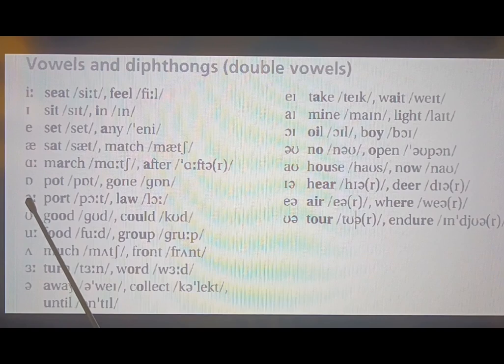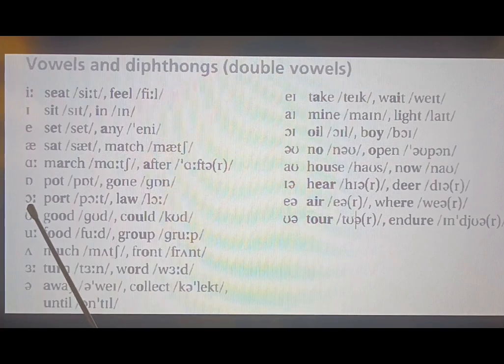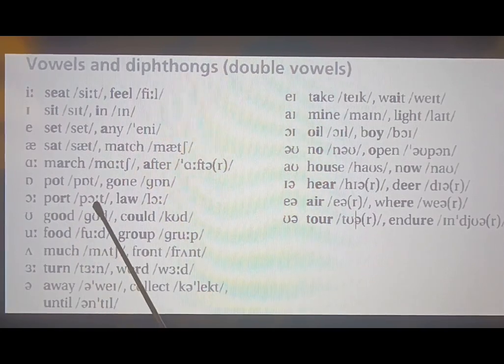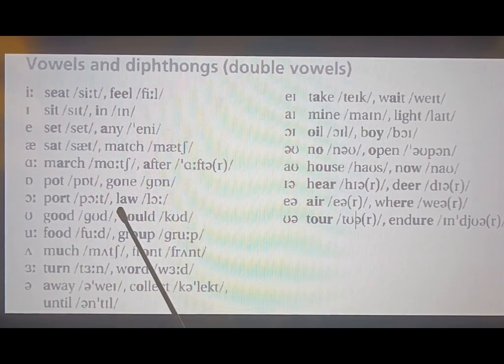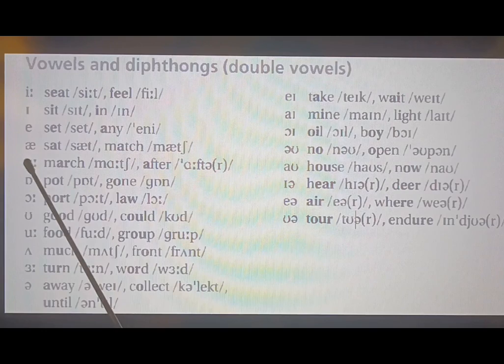And you have to be also careful about this sound, because this is totally British. Of course, Americans also follow this pronunciation symbol or phonemic symbol when it is followed by the r sound, like port. But with the other examples, British people pronounce this sound as a kind of O that comes from deep down your throat, law, right? Law. But Americans pronounce it aw, just like this one.